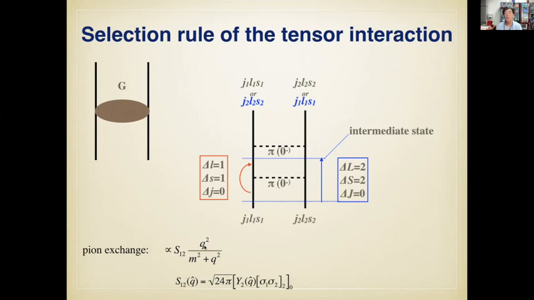So Q is near zero, except for the exchange term, but the exchange term is treated differently. So essentially, with one pion exchange, momentum transfer is small, so the tensor interaction effect is small.